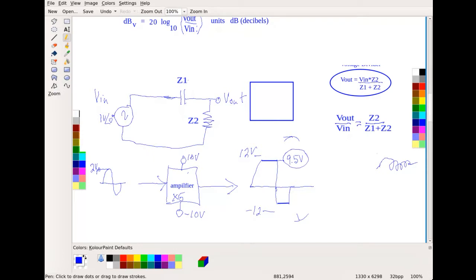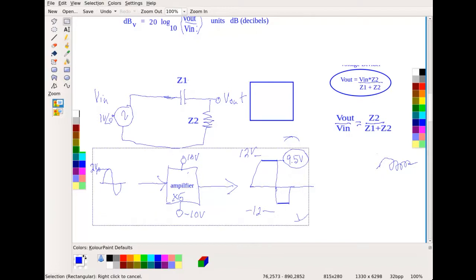It might be 9.8, maybe even 9.9 if it's a really good one, but it's going to be somewhat less than that. And that's where you get the distortion, because you're putting in a sine wave and running it through this amplifier, but what comes out is no longer a sine wave. Hopefully that answers your question about that.